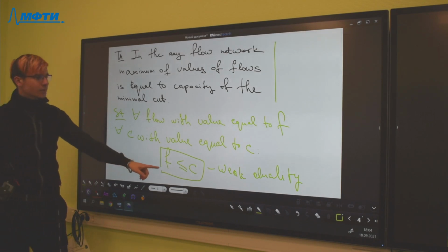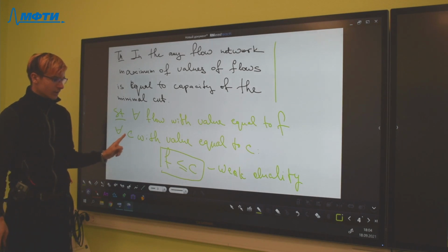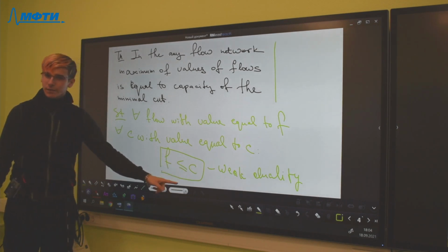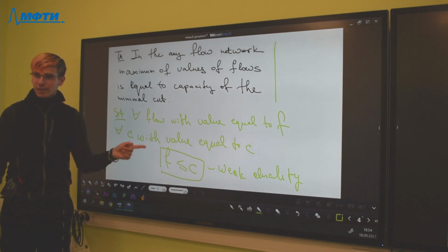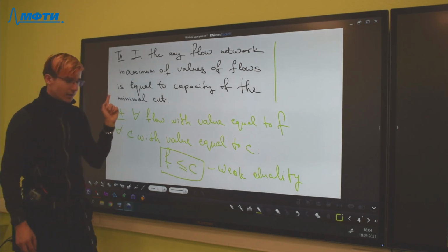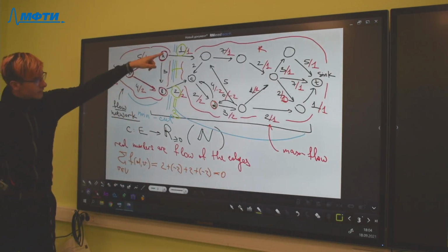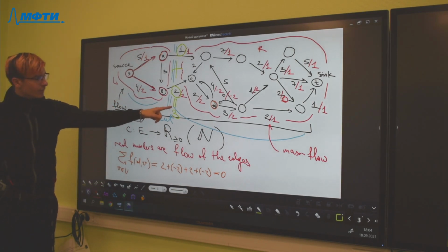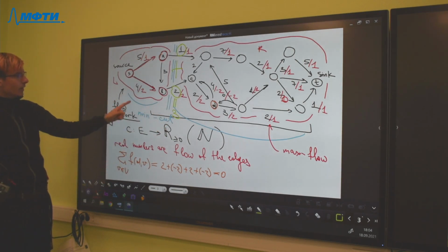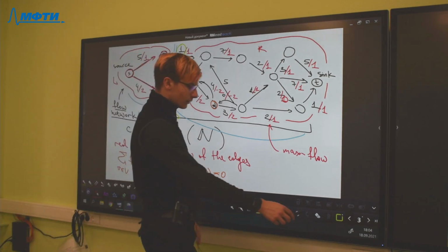So if we find such a flow and such a cut that it is equality, then we can say that such a flow is the maximal flow in the graph, and such a cut is the minimal cut of the graph. And for example, in this case, we say that we find the minimal cut because this value is equal to 3 and the value of this flow is equal to 3 too.